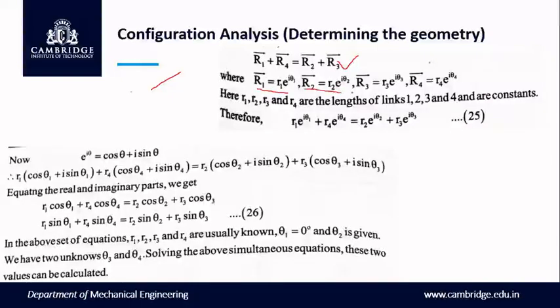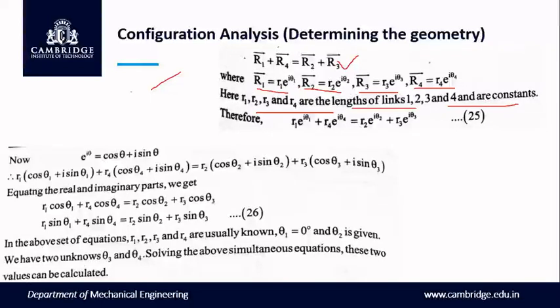So r1, r2, r3 and r4 can be replaced by r1 e to the power of i theta 1, r2 e to the power of i theta 2, r3 e to the power of i theta 3 and r4 e to the power of i theta 4. Here, small r1, small r2, small r3, small r4 are the lengths of the links, which are constant. The lengths of the links are known quantities.